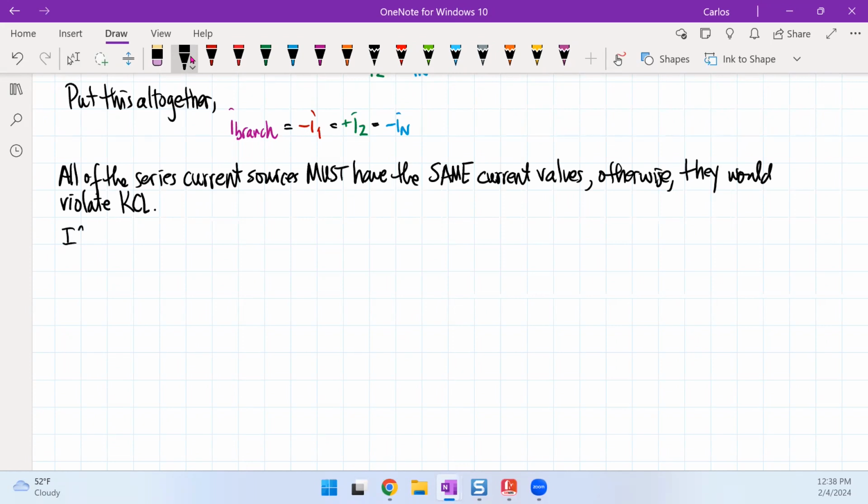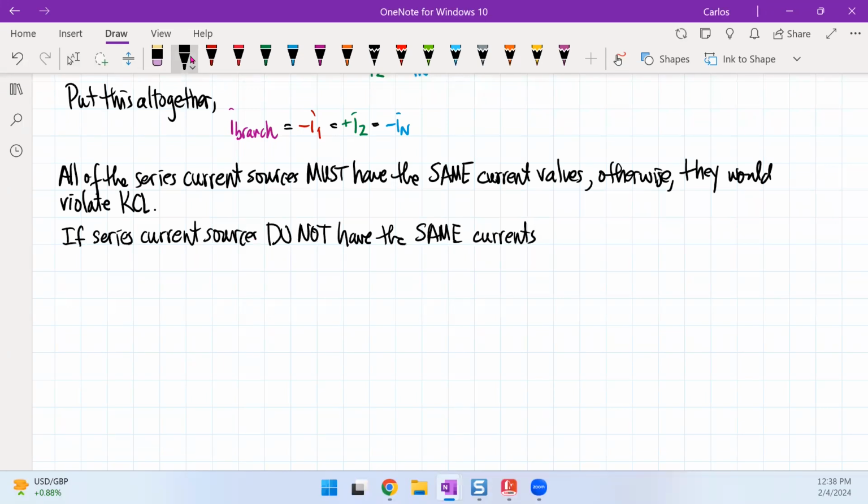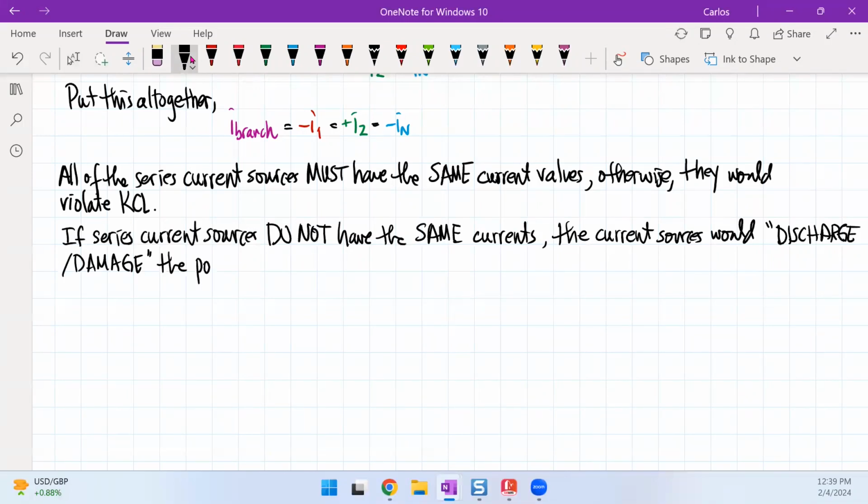If series current sources do not have the same currents, the current sources would discharge slash damage the power supplies.